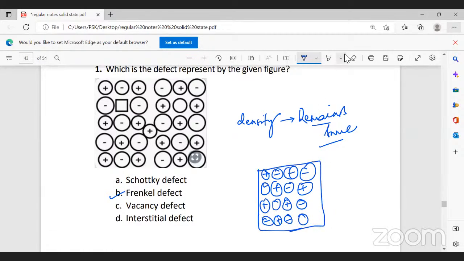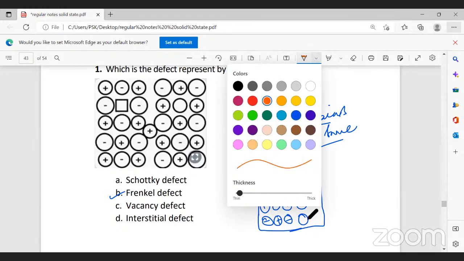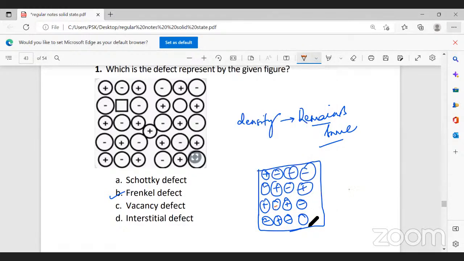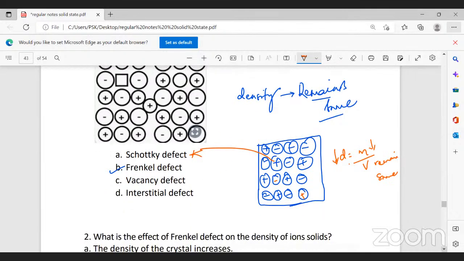You can observe what I've drawn: here an anion is missing and here a cation is missing. Since ions are missing, and density is mass by volume, the mass will decrease while the volume remains the same. The density also decreases because the numerator decreases. This is the case of Schottky defect. Did you follow this?